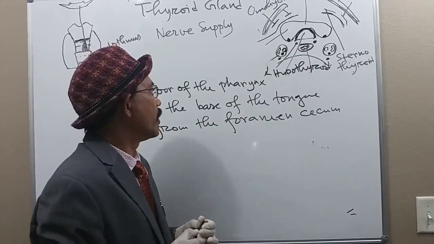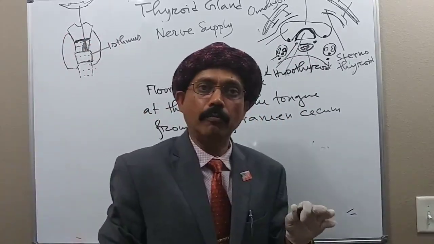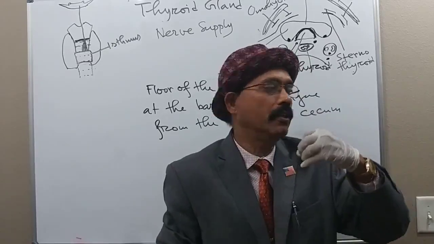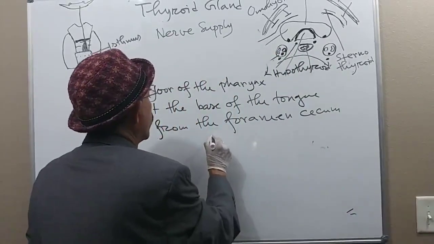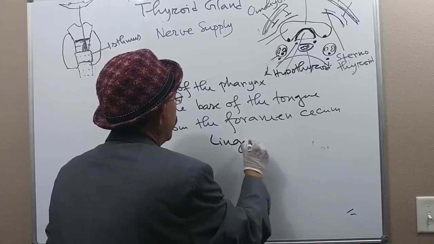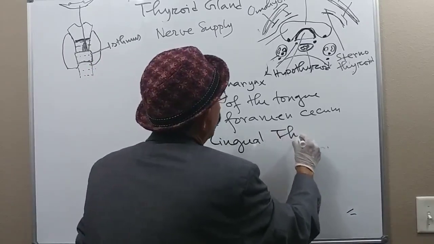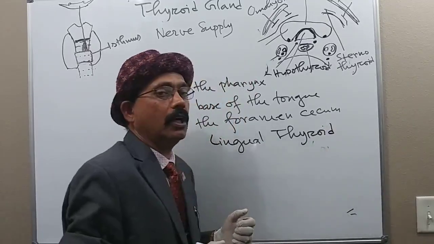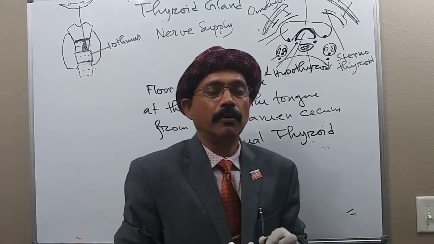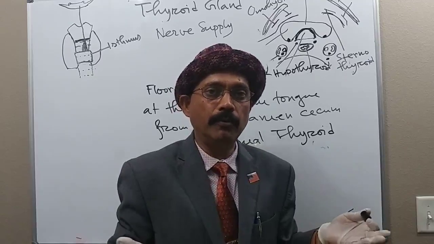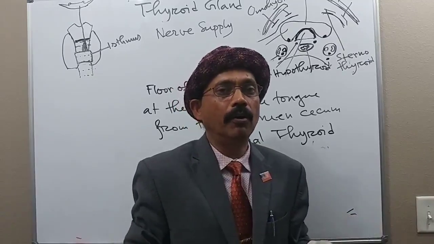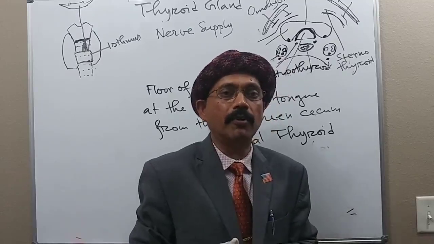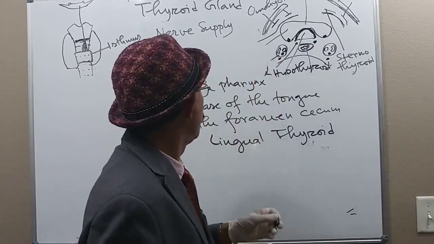Sometimes that journey may not go smoothly. Sometimes the thyroid gland may not descend, and we get a lingual thyroid. If you look at the posterior one-third of the patient's tongue, we may get swelling. It may be harmless with normal thyroid function, or it may be associated with hypothyroidism in around 33% of cases.